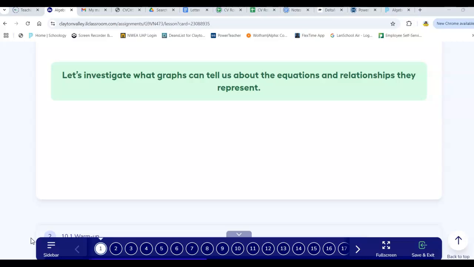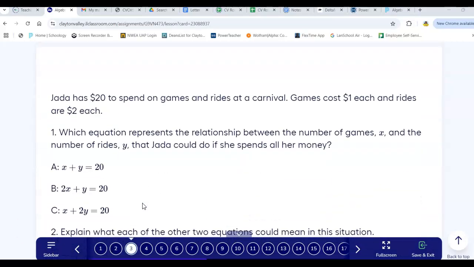So now we're going to tie that process to a graph and investigate how a graph and the equation relate to each other, okay? So let's begin.